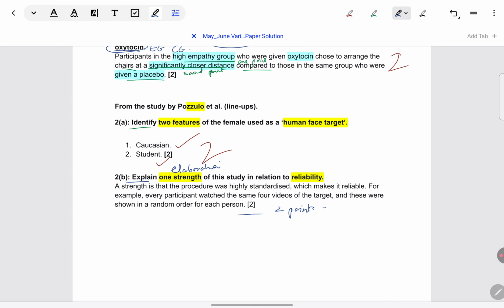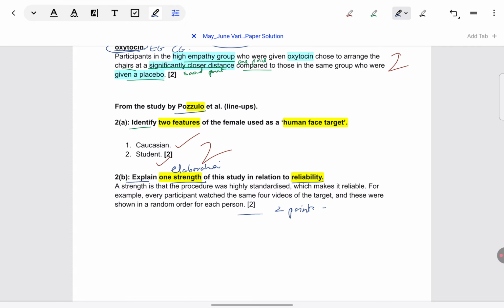Now, what most students will make a mistake here, one strength, Pozzulo, they'll start writing any strength. If the strength has nothing to do with reliability, you will get zero. They have explicitly mentioned reliability. Most students' favorite evaluation point is generalizability, sample. So, no matter which study comes, they give some generalizability point. That is going to give you zero in this case.